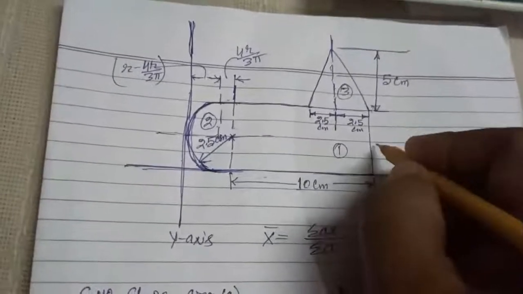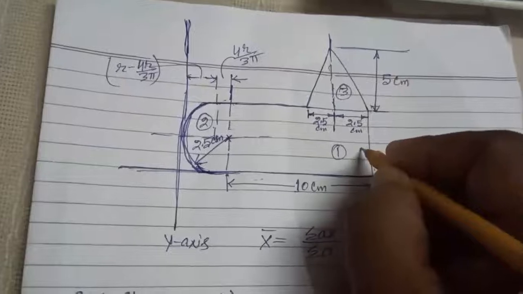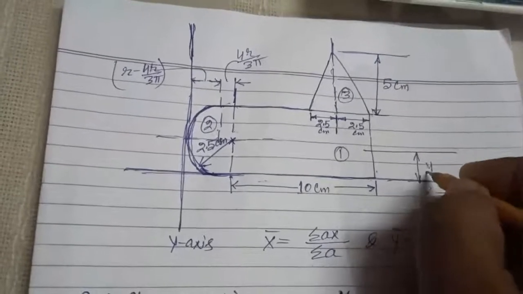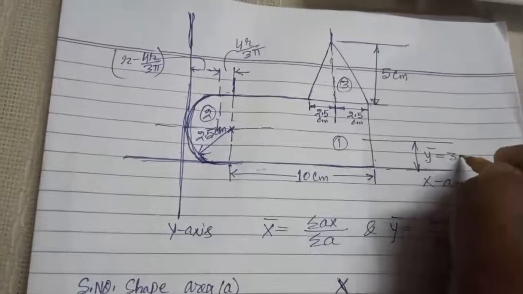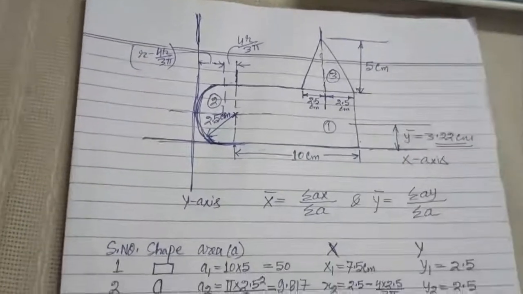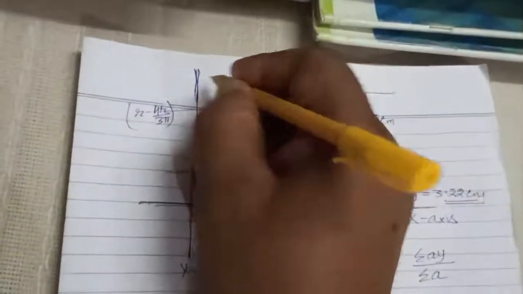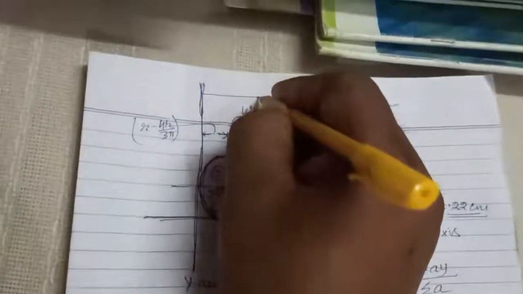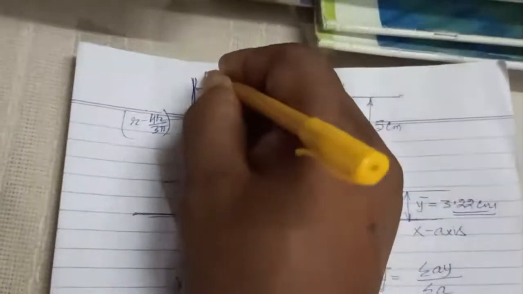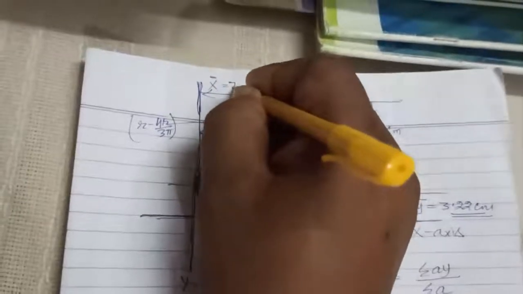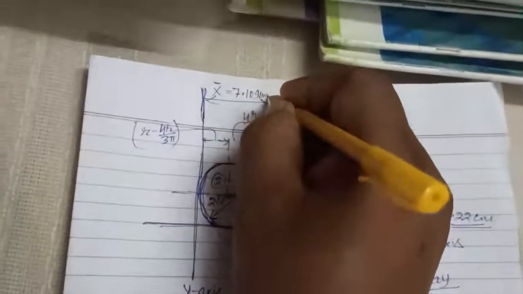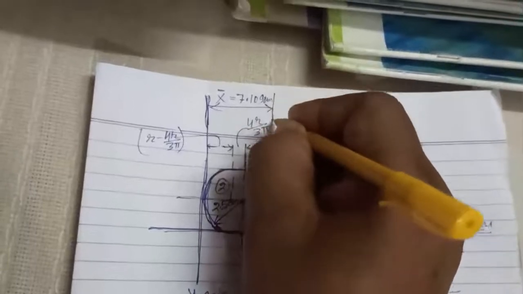So Y bar is 3.22 centimeter, and X bar is 7.109 centimeter here.